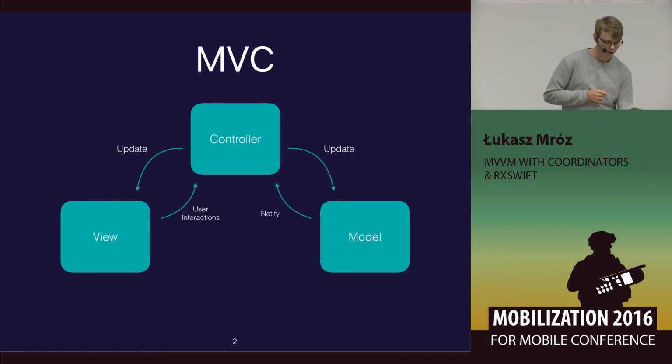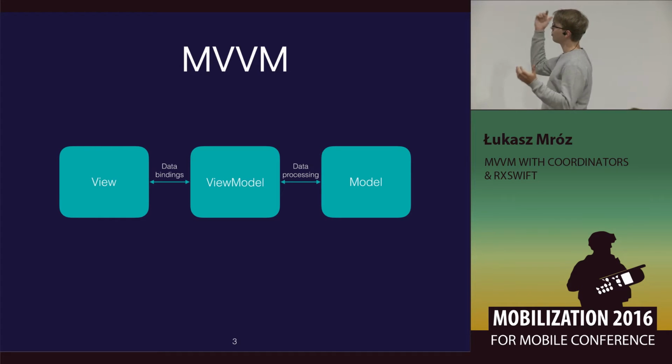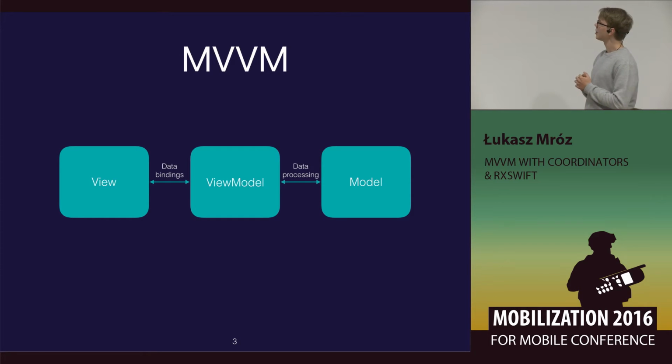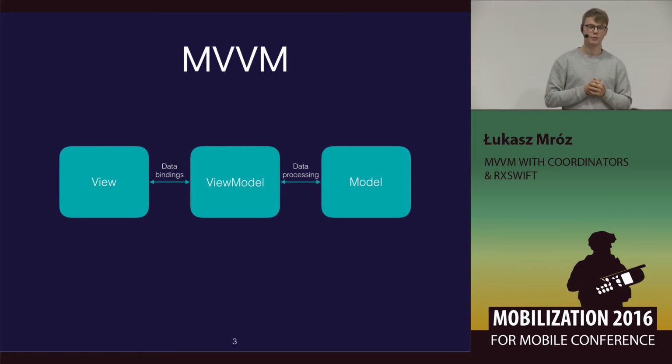And what does it look like? Well, this is really similar to MVC, because there is no view controller in the definition of MVVM, but there's also a new class, the ViewModel. I would like to quote Ash Furrow on the view here, because in iOS we kind of have to go with controllers.